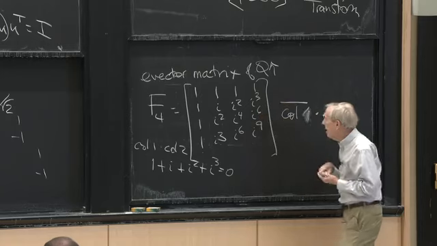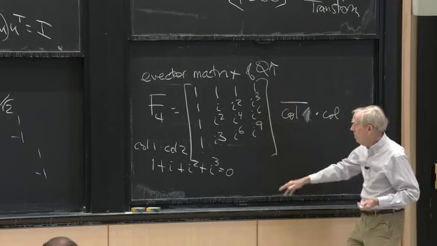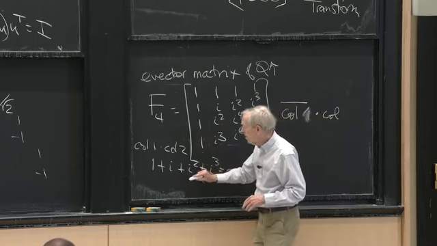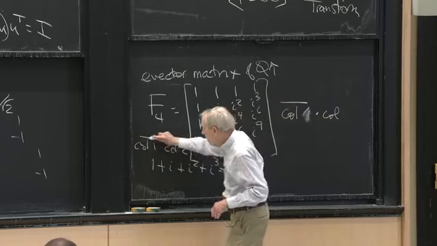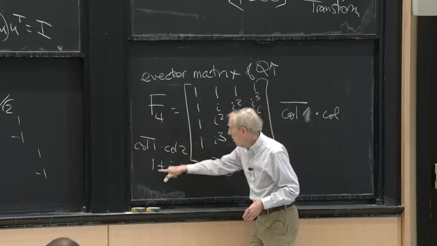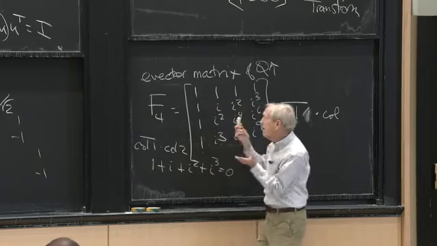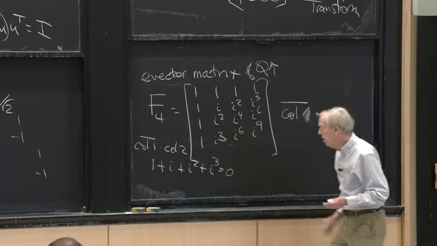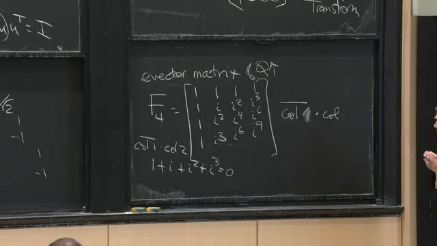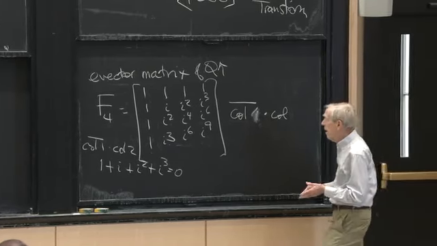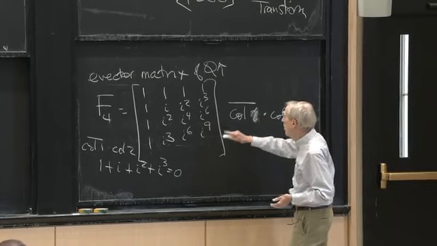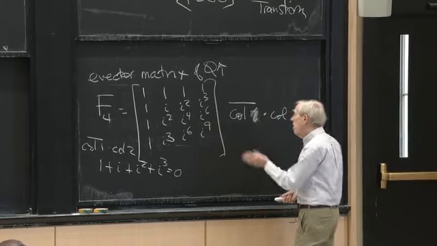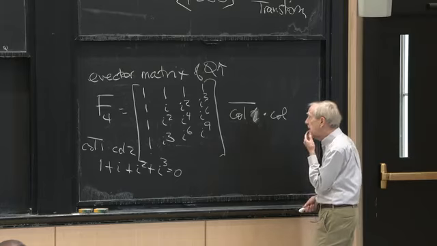Maybe that guy and that guy. Many of them, you luck out here. But really, I should be taking the conjugate. But the complex conjugate of 1 is 1, so that was okay. But in general, if I wanted to take column 2 dotted with column, I don't know, maybe 4 would be a little dodgy.